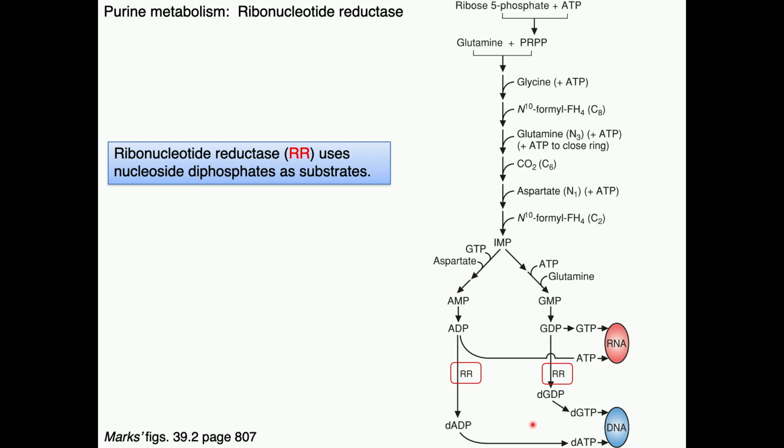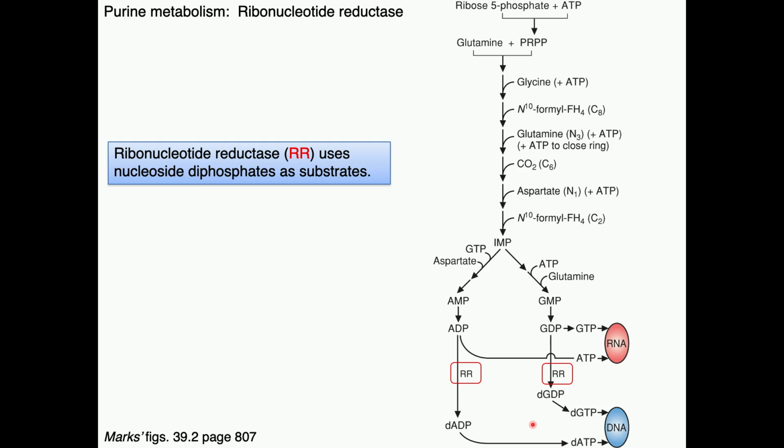So let's move on then and talk about purine salvage. Because we can't get useful energy from the catabolism of nucleotides, and the synthesis of nucleotides is energetically expensive, right? It requires ATP hydrolysis at numerous steps.